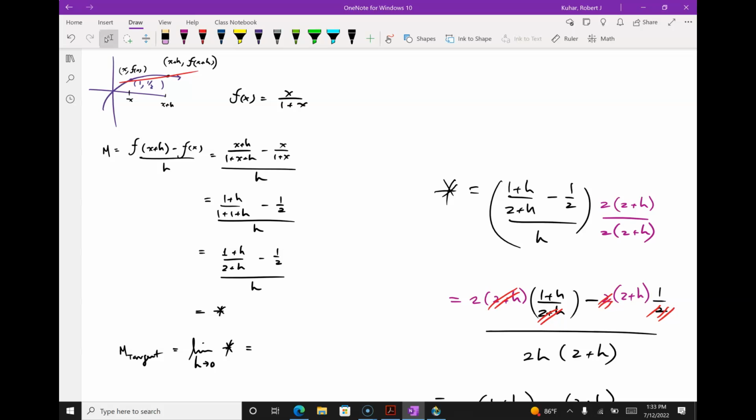I just want to keep things backward as much as possible. But yes, the two points are, one is fixed. One is fixed.